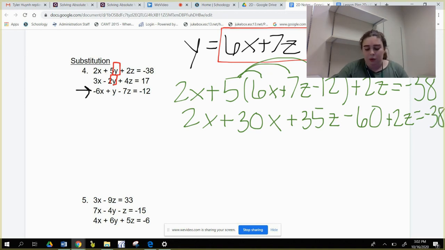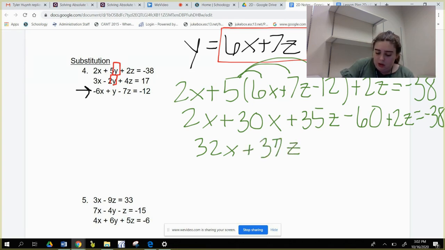Now all we have to do is combine those like terms within that equation. I see two different x terms, so we can add the 2x and the 30x to be 32x. Then we have two different z terms, so add 35z and 2z, which is 37z.